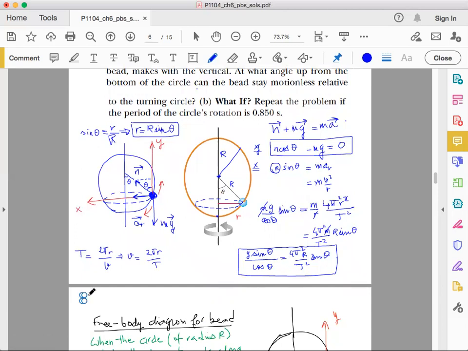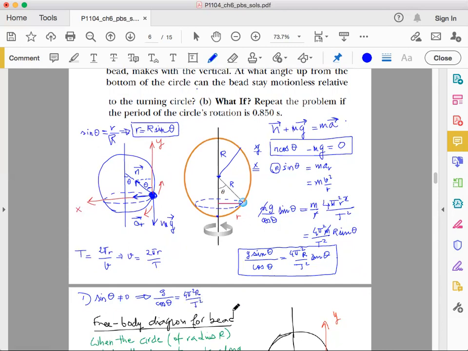The first case is if sine theta is different than 0. Then we can cancel out sine theta on both sides of the equation, and we end up with g divided by cosine theta equals 4 pi squared R over T squared.